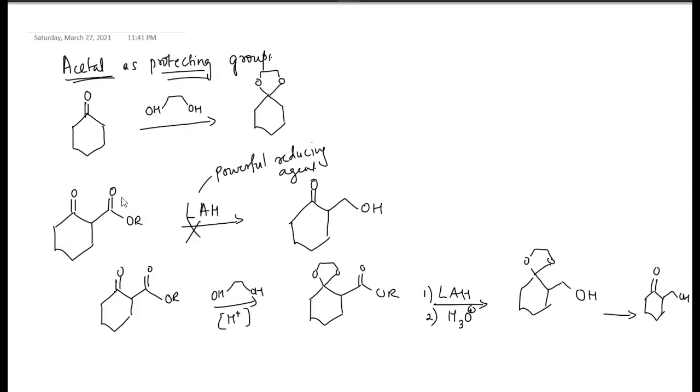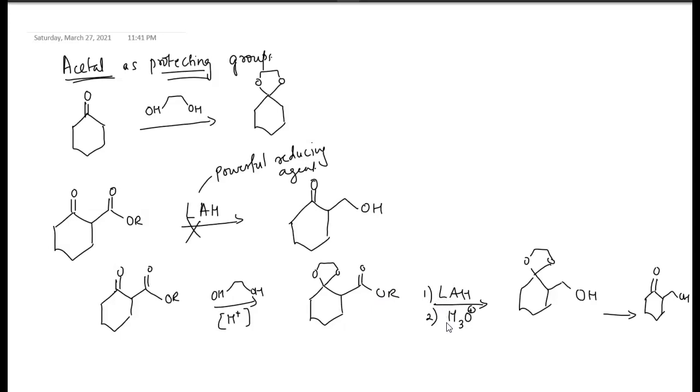Okay, so let's talk about it one more time. If you have a compound which has two functional groups, here we have an ester and a ketone, and you need only the ester to be reduced, and if you try to use lithium aluminum hydride, then it will end up reducing both the groups to an alcohol. However, you can take an alternative method where you treat this compound with the diol, and then protect the ketone with an acetal group, so now the ester is free to get reduced by lithium aluminum hydride.